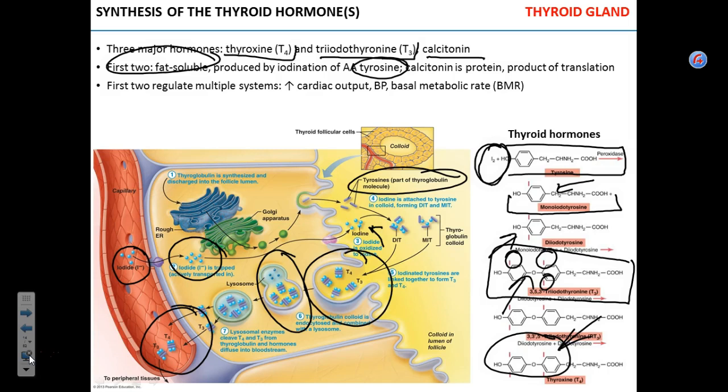One of the great examples of reduced BMR, when you freeze, your BMR goes down. When you get exposed to really cold temperature and you start to freeze, your thyroid hormone levels go up immediately.